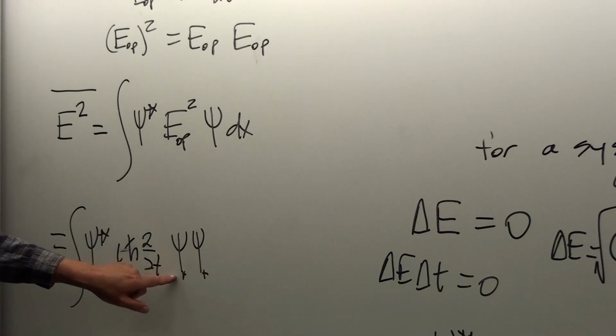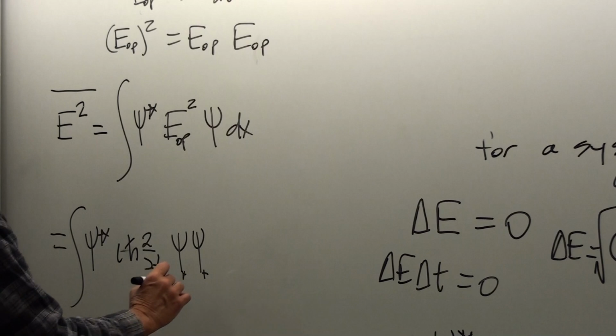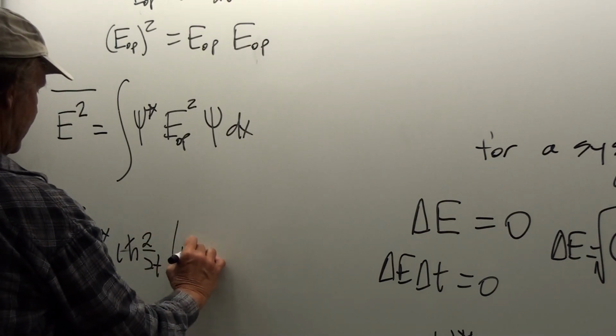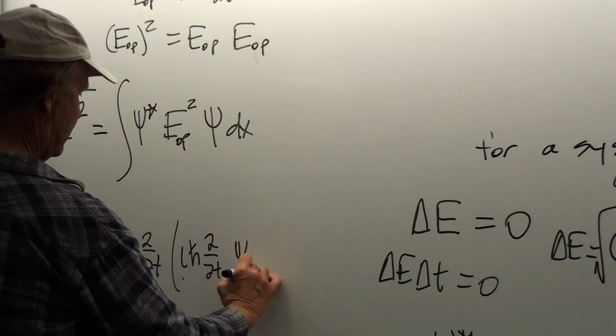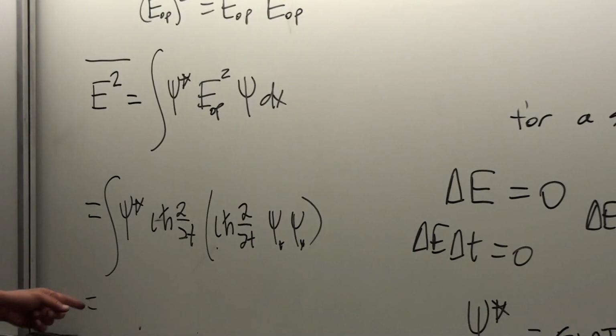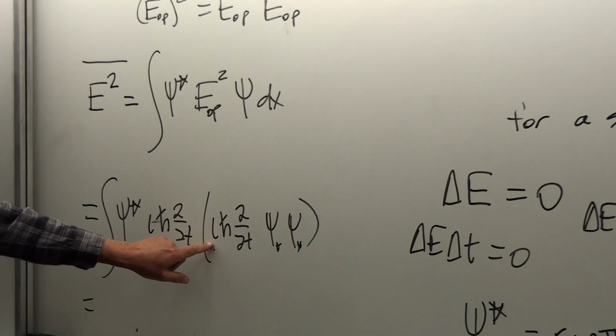And so it's only going to operate on the psi t part, right? And then you have to do this twice. This is i h bar partial with respect to time of psi t psi x. So i times i is minus 1.